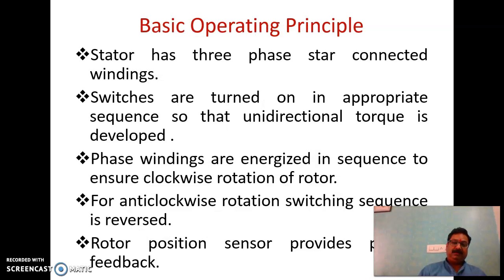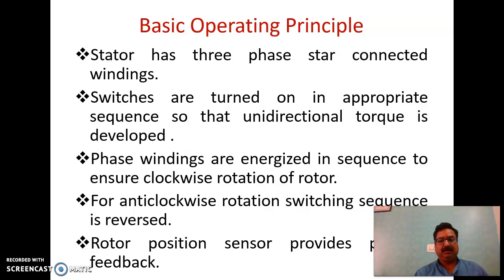we all know that the stator winding available on the stator, that is armature winding, is star connected, and switches in the electronic converter are responsible for energizing the winding available on the stator, that is armature winding. So sequencing of turning on of the switches is very important, which will ensure the direction of the rotation of the machine.